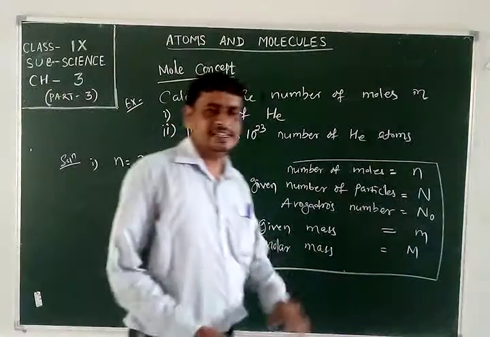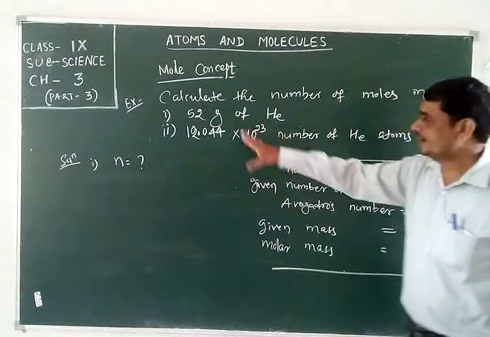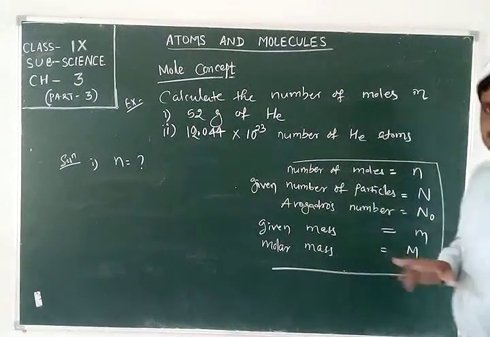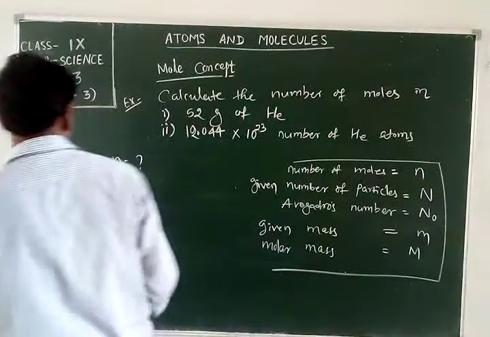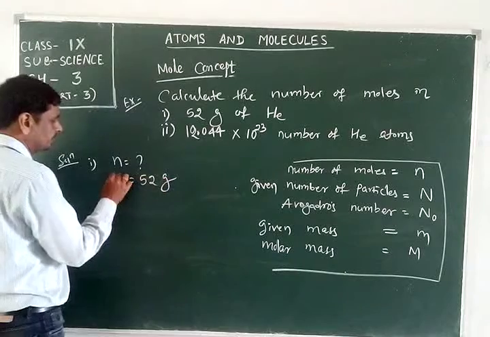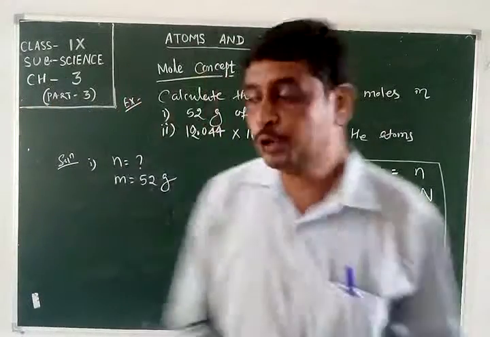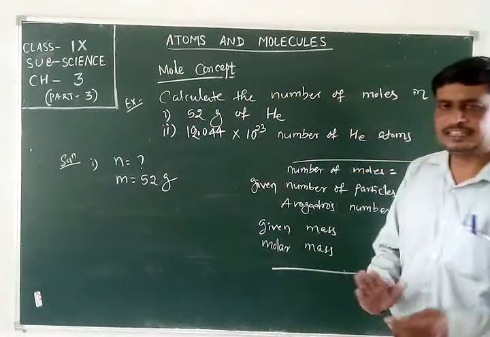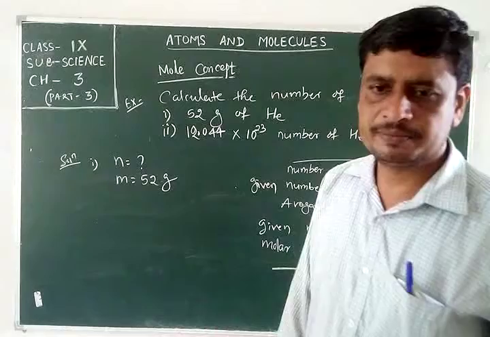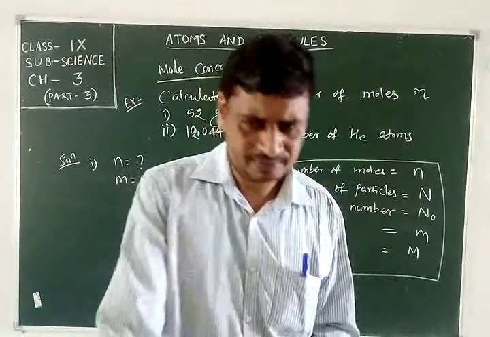Since it is given 52 gram, it is the given mass, denoted by small m. m is equal to 52 gram. Then we have to find molar mass. If we get the value of its molar mass, then we can easily find the number of moles. So what is the molar mass of this helium?